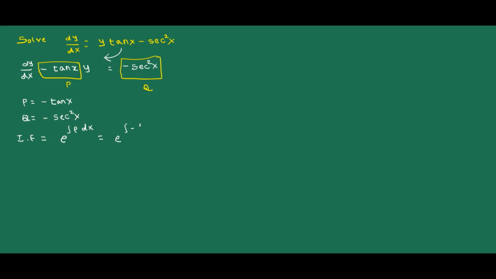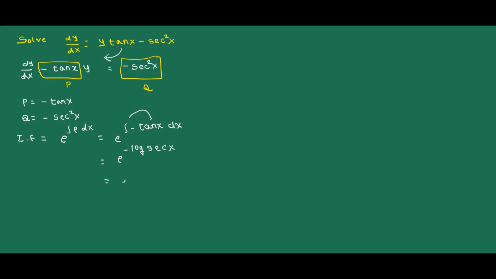This is equal to e raised to integration of minus tan x into dx, which is e raised to minus, as it is, integration of tan x. Integration of tan x is log sec x.